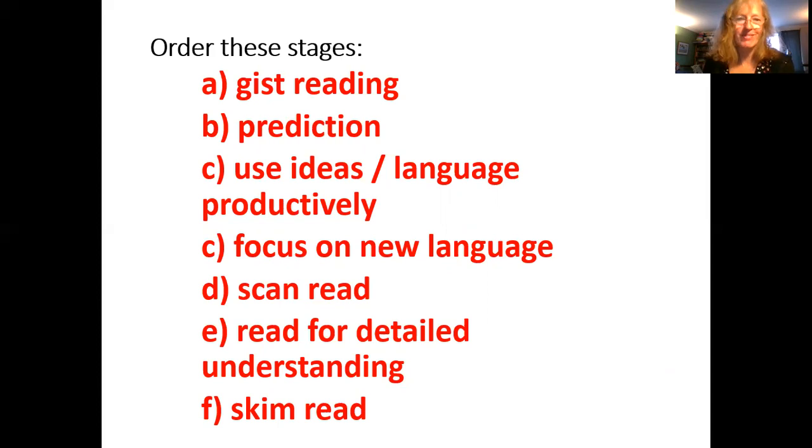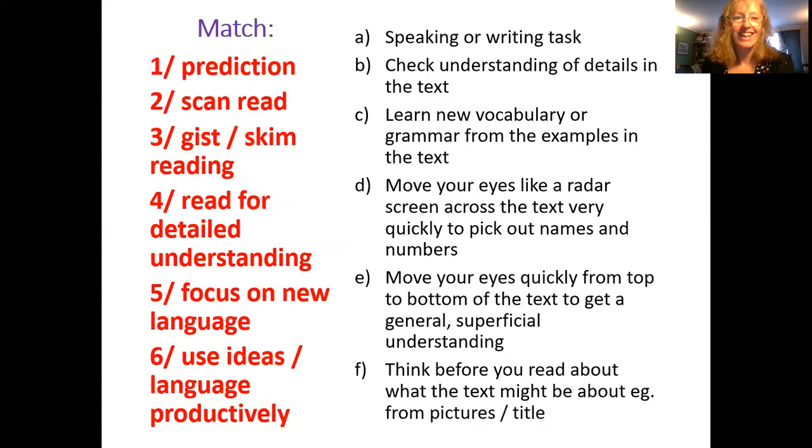Okay. Let's see if you agree with me. Here are the stages in the right order. So prediction first, then you can have a scan read. Scanning, when you're just looking through quickly to find things that jump out at you.